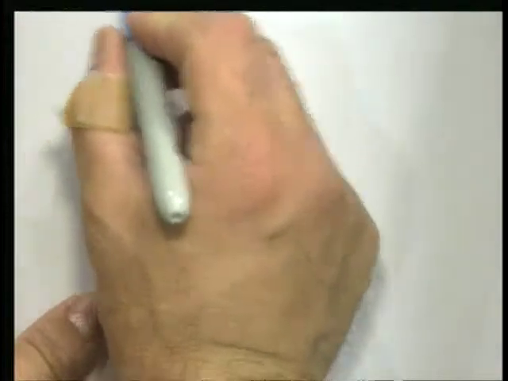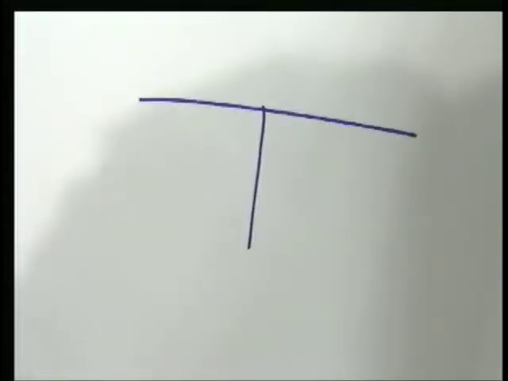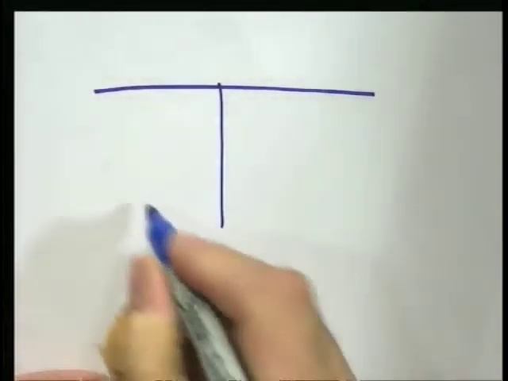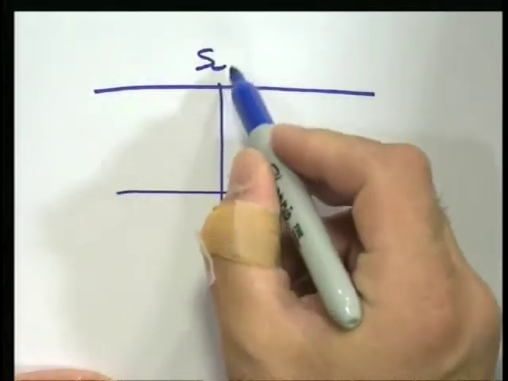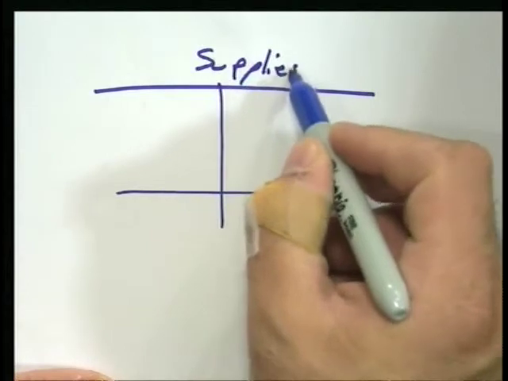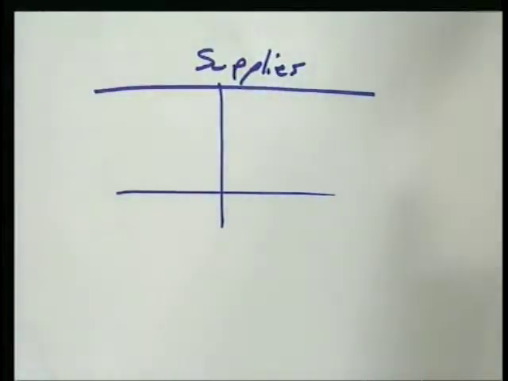I think what we can do here is a T account. Supplies is an asset, right? So it is a debit balance account. It tells us that the beginning balance of supplies is 900.